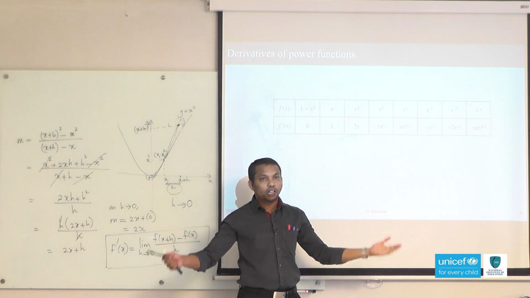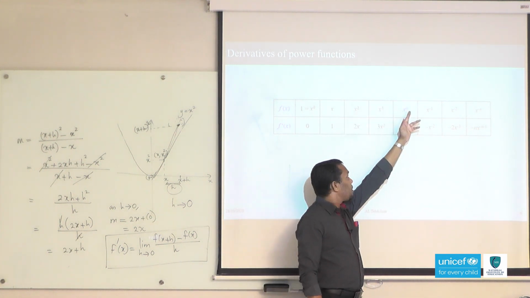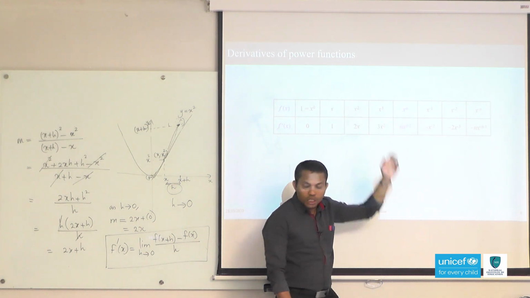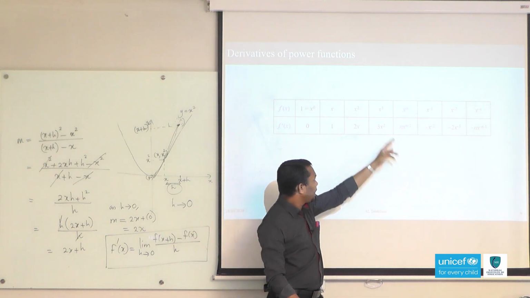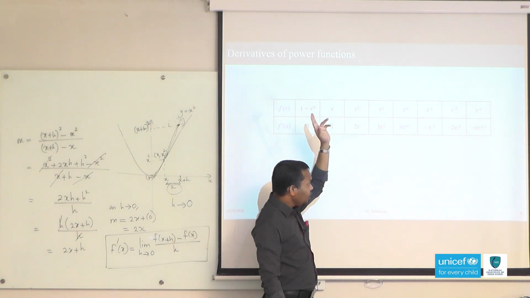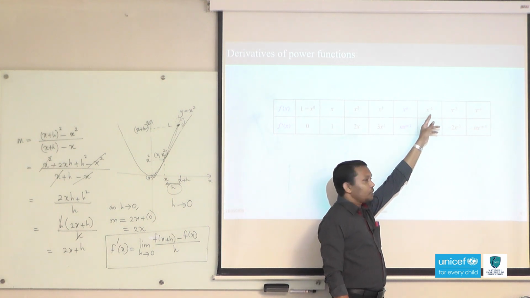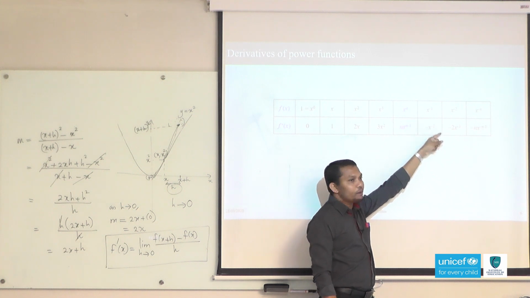So, in general what is it going to be? When you have the function x to the power n, a power function, it is n times x to the power n minus 1. Using a similar approach and using the ideas of binomial expansion, we can show that. Similarly, if you have a negative power, say for example x to the power minus 1, the derivative is minus x to the power minus 2.